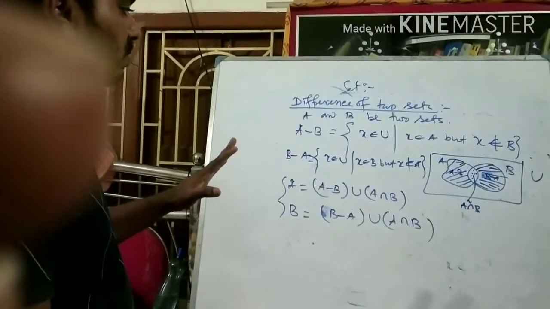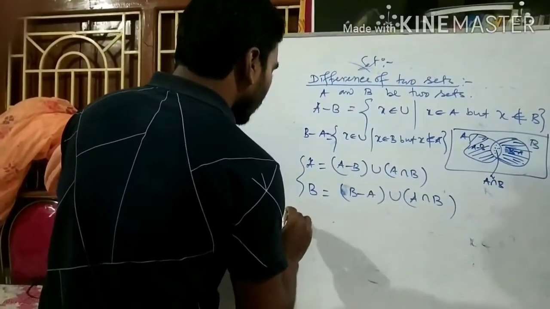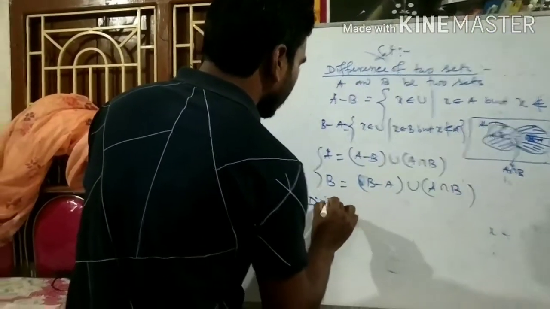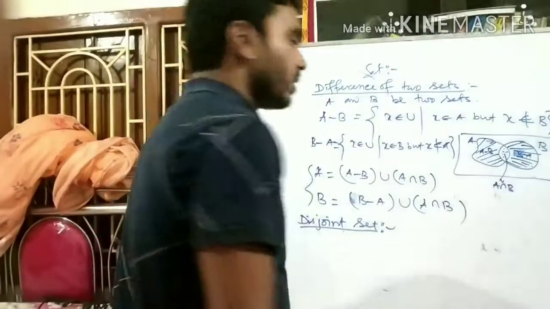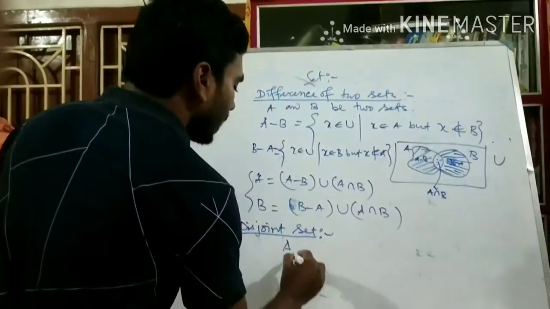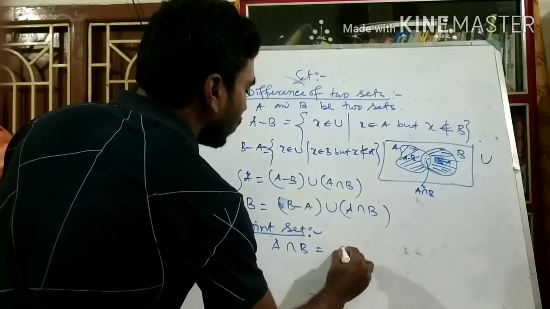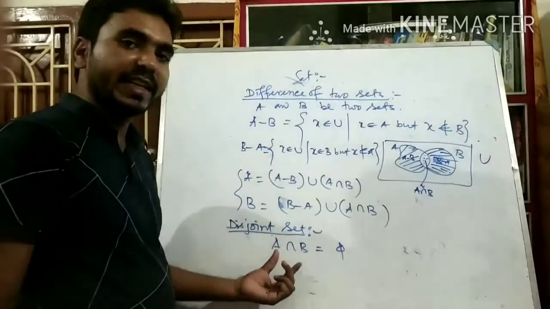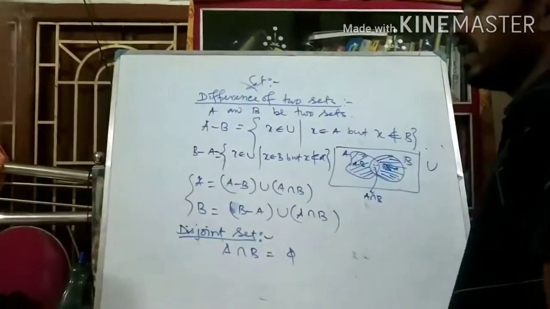Now let us come to another definition called disjoint sets. What is called disjoint? A and B, two sets, are said to be disjoint if they have no element in common. That means the intersection of A and B is equal to phi.